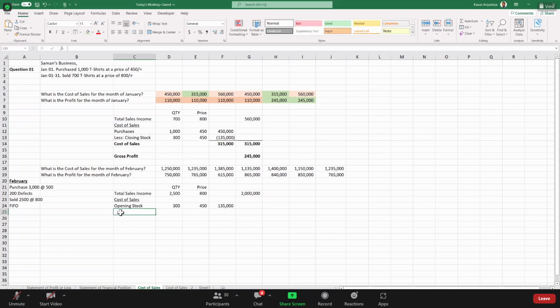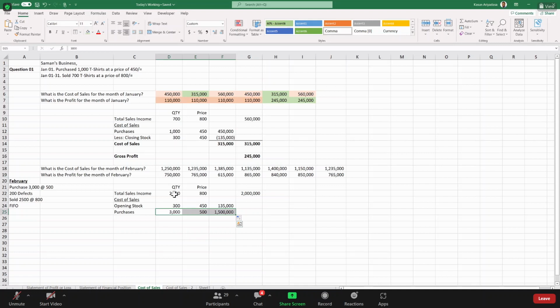And then we have purchases. We have purchased 3,000 at a price of 500, means 1.5 million. Then we realized in this 3,000 there were 200 defects.